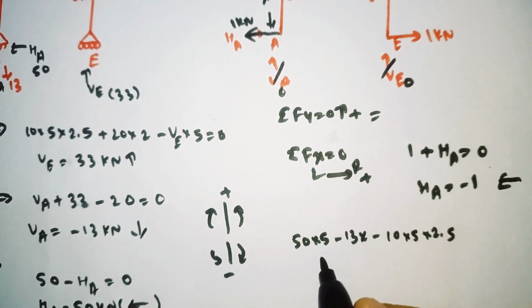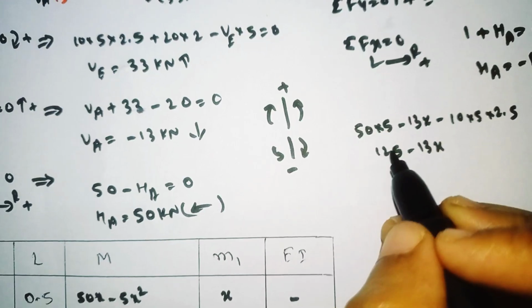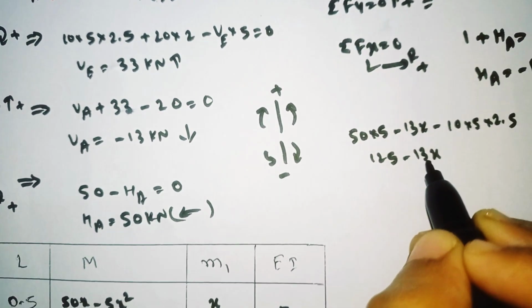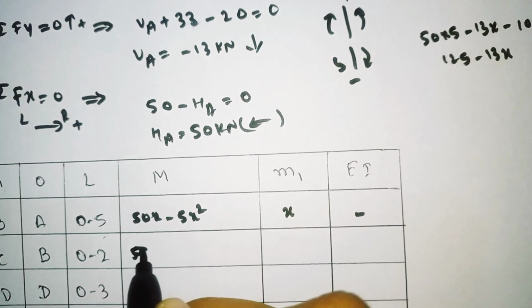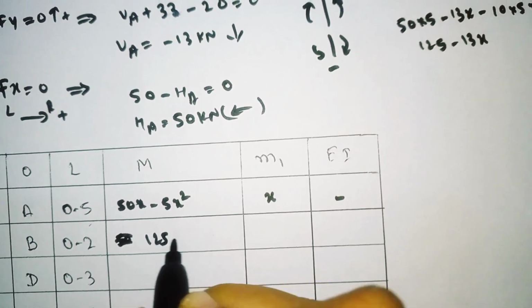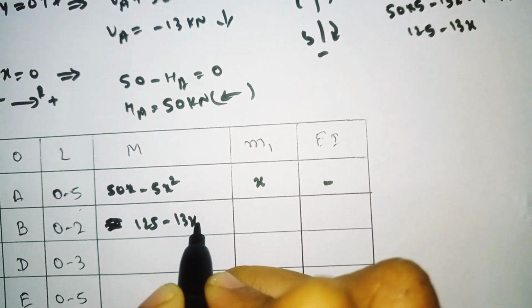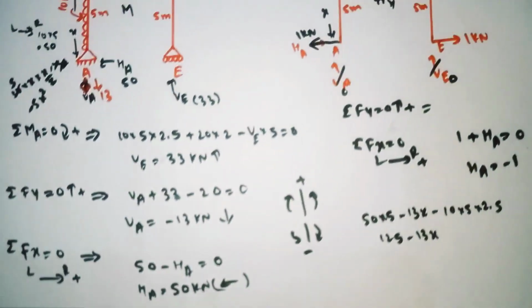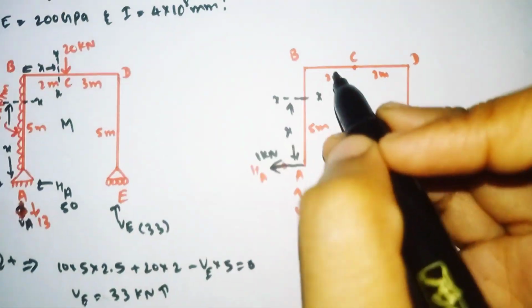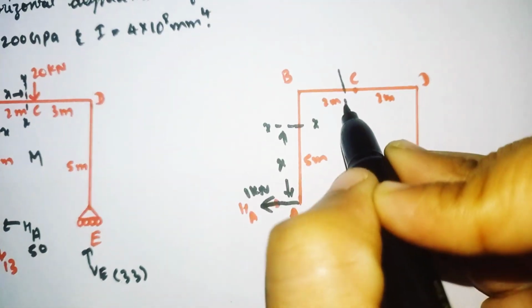Now solve it. It will come out as 125 minus 13x. So now write it here, 125 minus 13x.